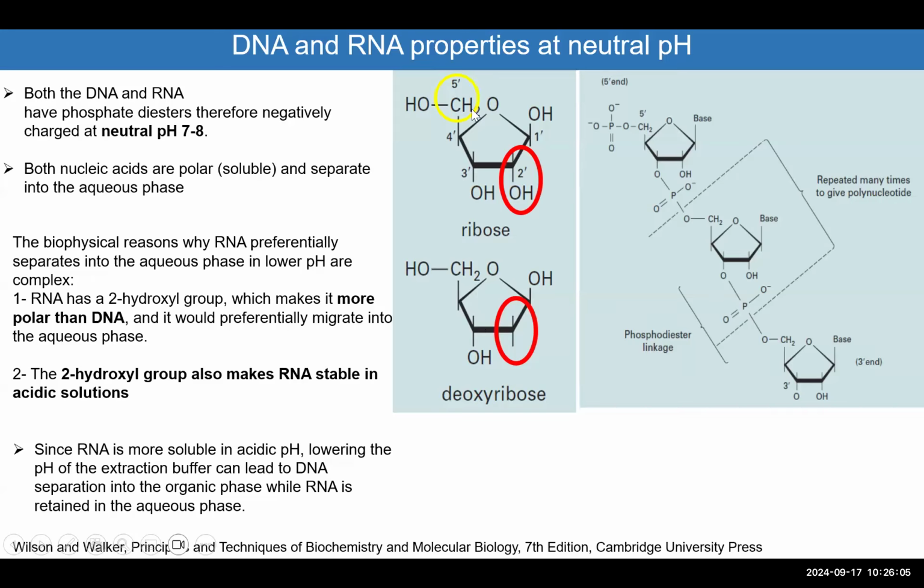If we look at the properties of the carbons on the ribose and the deoxyribose, you can see that carbons 5, 4, 3, and 1 have more or less the same properties. The only difference between the ribose and the deoxyribose is the OH group at the carbon 2'.